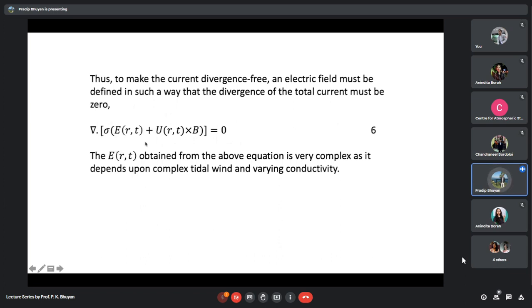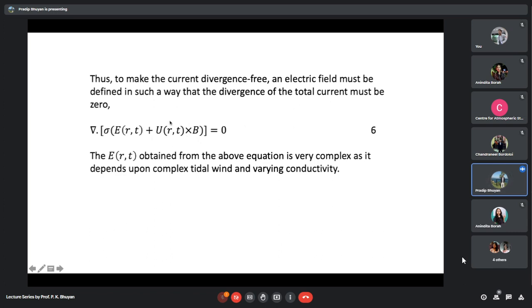And if we make the divergence equal to 0, then this E(R,T), the electric field with respect to distance and time, will be a very complex quantity, because it depends on the tidal winds, and also it will depend on the conductivity. If sigma E(R,T) becomes equal to minus sigma U(R,T) cross B, okay?